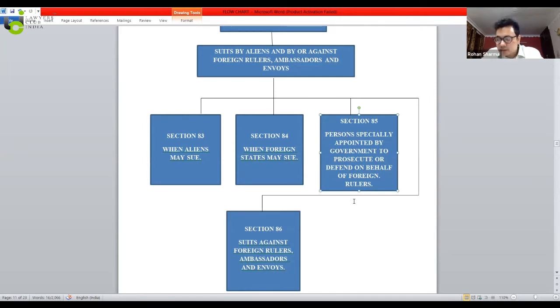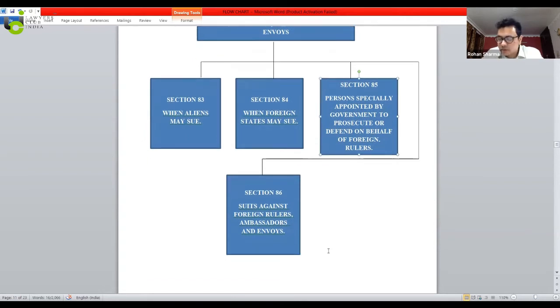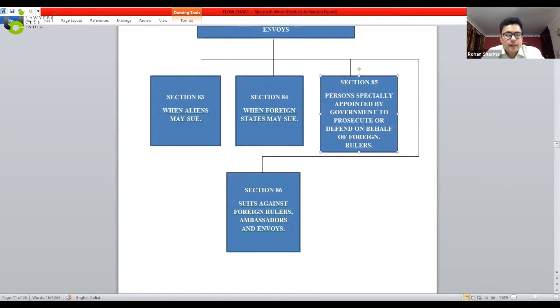So, what procedures are to be followed, and in what manner can such aliens bring suits before the courts in India, is what this section talks about. For example, if it's a friendly alien, he can directly sue as if he is suing as a citizen of this country. If it's an enemy alien, then he has to have permission from the central government before he initiates an action.